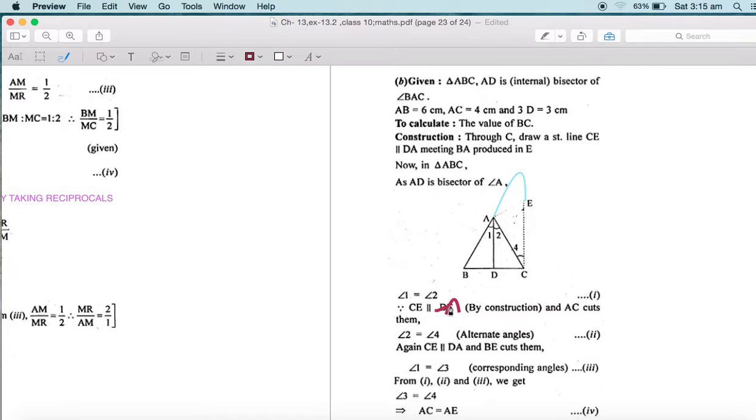Because CE is parallel to DA by construction and AC cuts them, angle 2 equals angle 4. If two lines are parallel, these two are a pair of alternate angles. 1 is equal to 2, 2 is equal to 4, so these two will get cancelled. Can I say 1 is equal to 4?